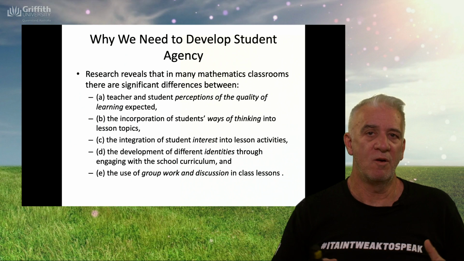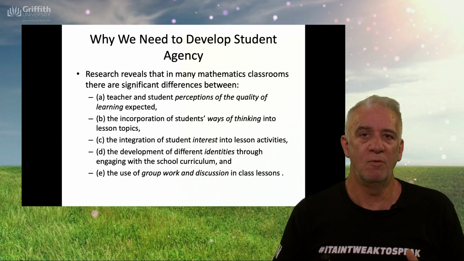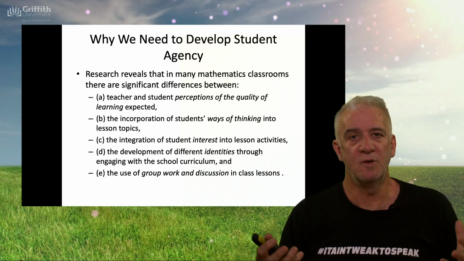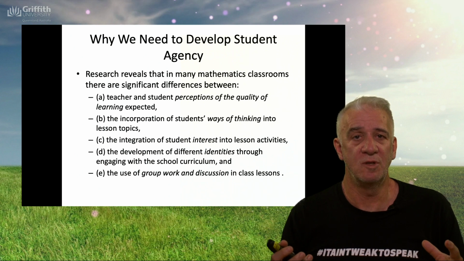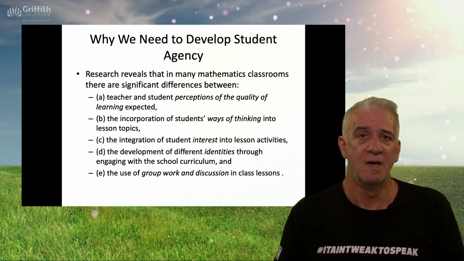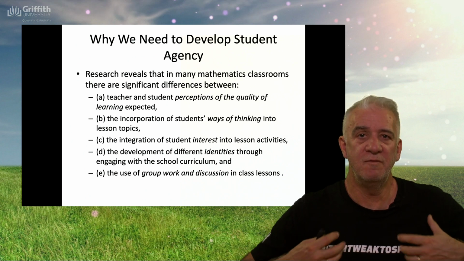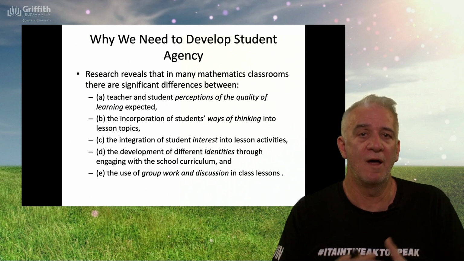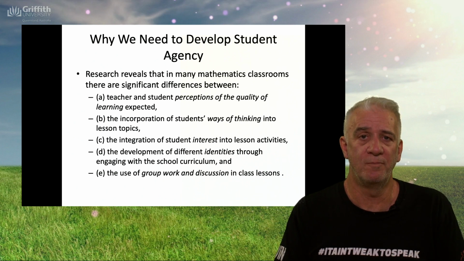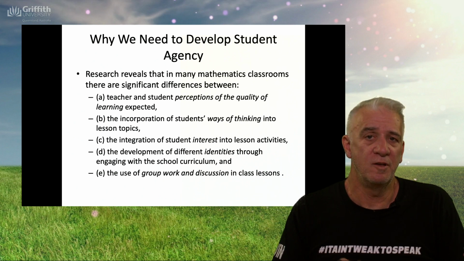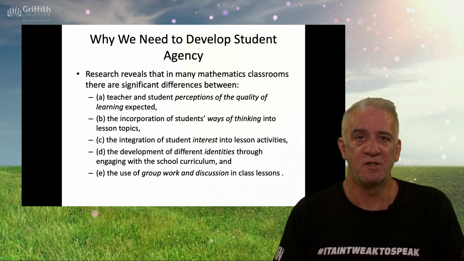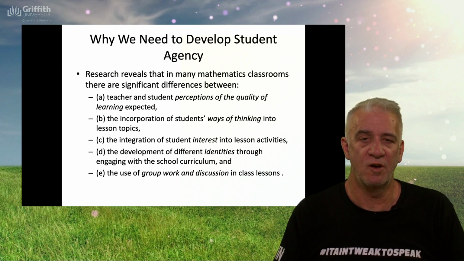Trying to help them develop their own mathematical identity, trying to help them do this through engaging with tasks that they enjoy and they're interested in. Having a sense of investment for themselves in what's going on rather than just doing what you've told them to do all the time. And often the use of group work and discussions really helps students develop the sense of ownership.